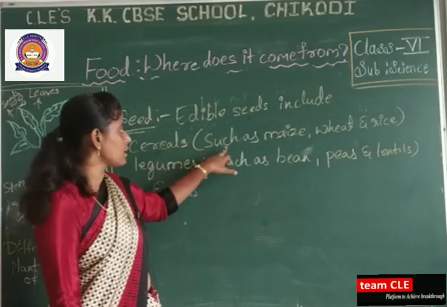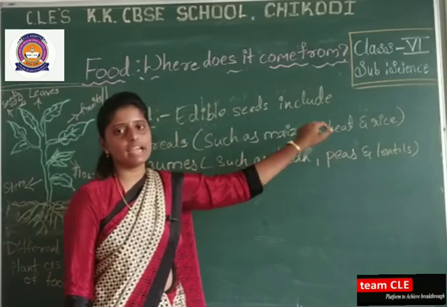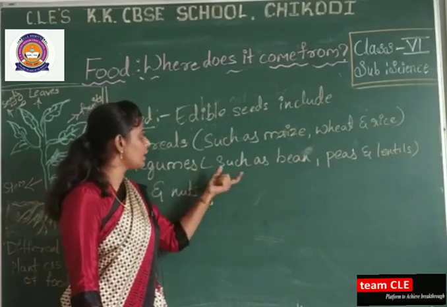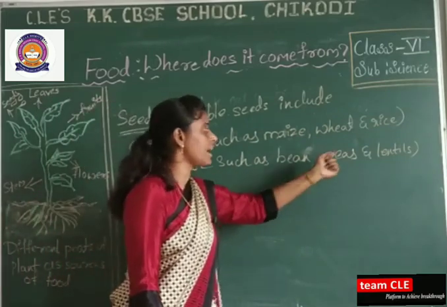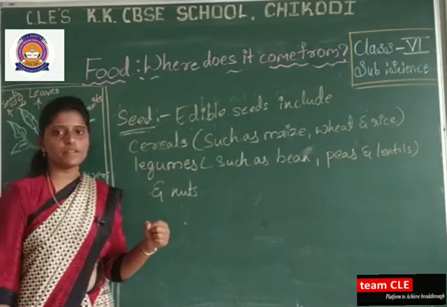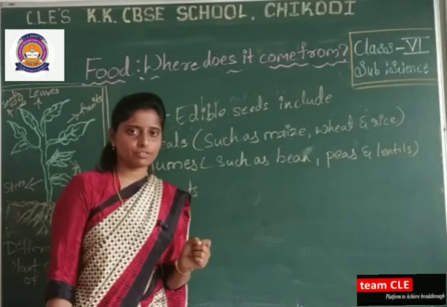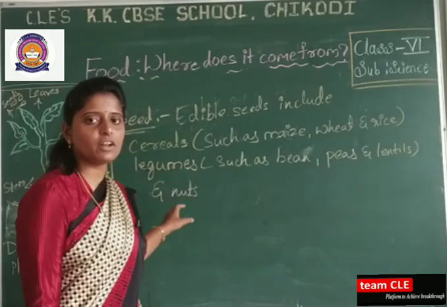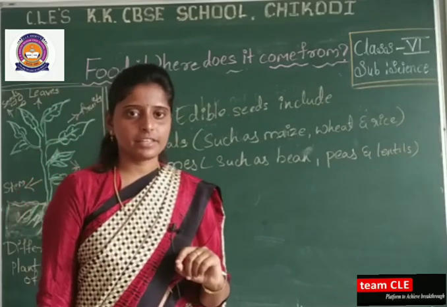Examples for cereals are maize, wheat and rice. The next one is legumes. Examples for legumes are bean, peas and lentils. And under the seed even the nuts will come. Nuts are nothing but dry fruits. Yes, you are consuming the dry fruits in your day-to-day life. It will also come under the seed part here.